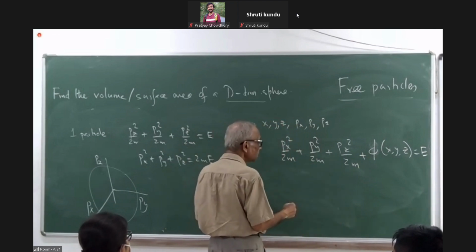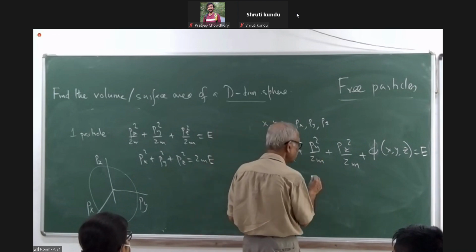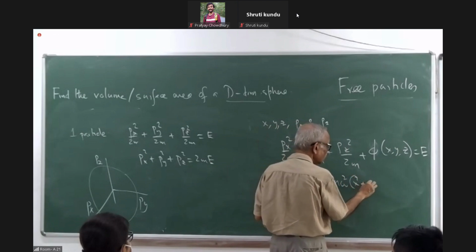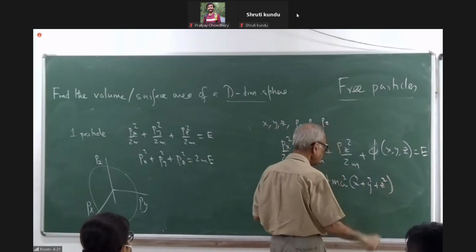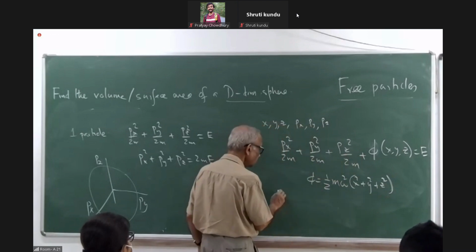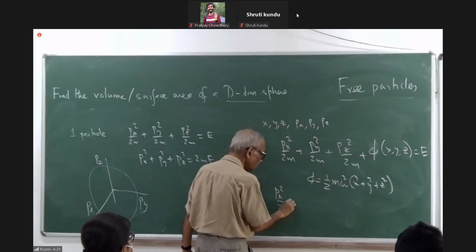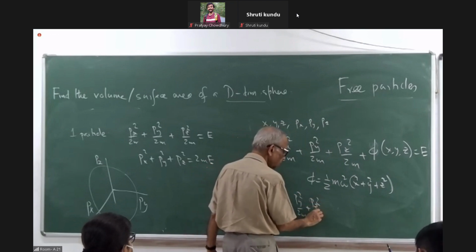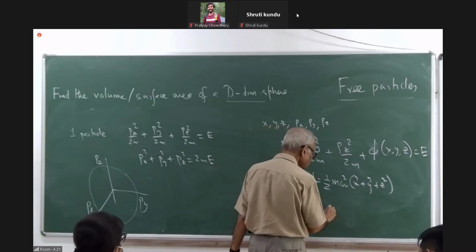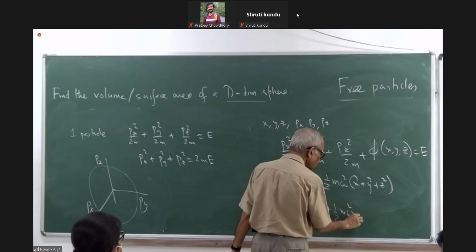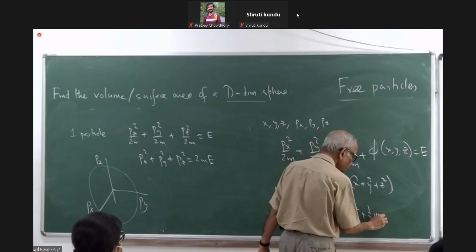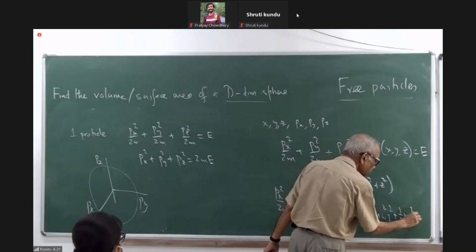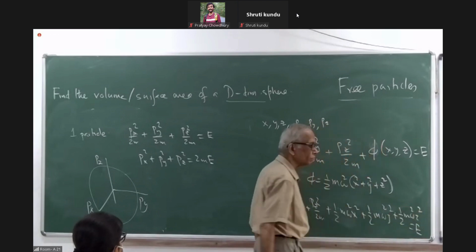If this is a particle in a harmonic potential, the potential is equal to half m omega squared times x squared plus y squared plus z squared, then the constraining equation would have to be px squared over 2m plus py squared over 2m plus pz squared over 2m plus half m omega squared x squared plus half m omega squared y squared plus half m omega squared z squared is equal to E, right?